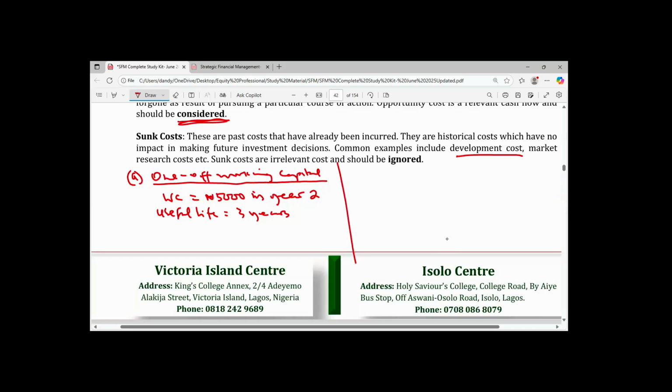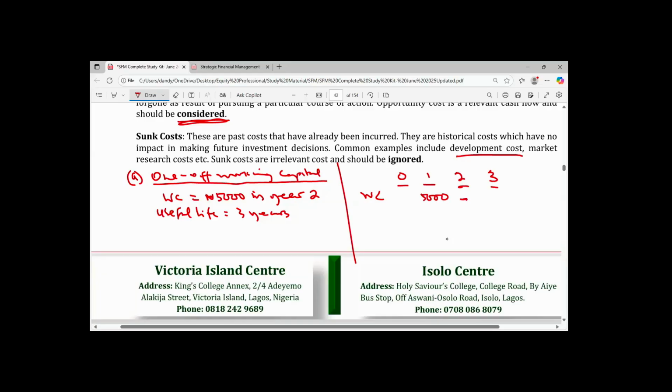When I'm calculating my NPV, I will create a column for year 0, year 1, year 2, year 3. The rule says that working capital should be treated as cash outflow in the year before the year of occurrence. In our example, working capital of 5,000 naira occurs at the end of year 2. So instead of putting it under year 2, I will not, because the rule says it should be treated as cash outflow in the year before the year of occurrence. The year before year 2 is year 1. So I will put 5,000 there.